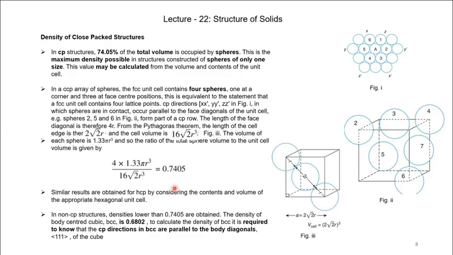That is the aim of this lecture. I hope that in the next lecture we will talk about voids and then finally take examples of which one belongs to which type of close packing. I hope I could explain it a little bit more, and you now have a basic concept of close packing, and we will take examples in the next lecture.